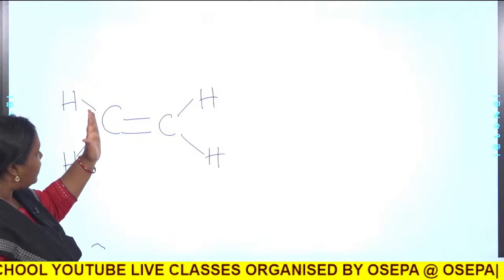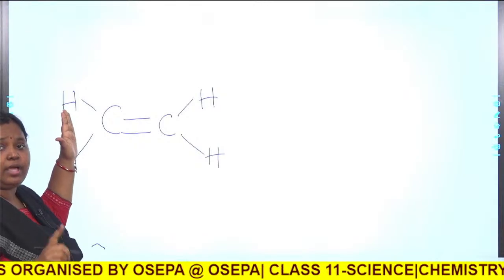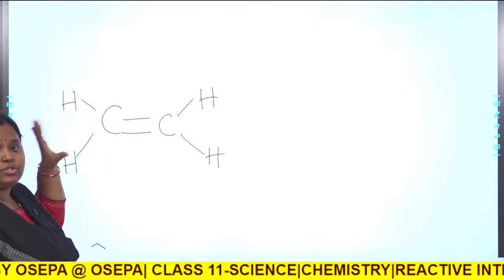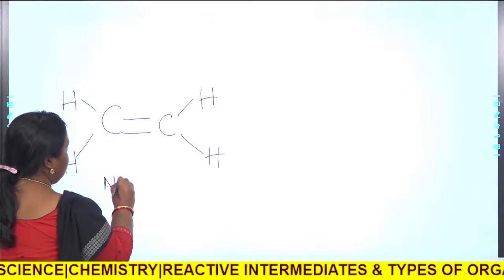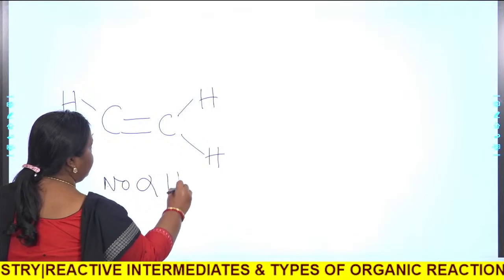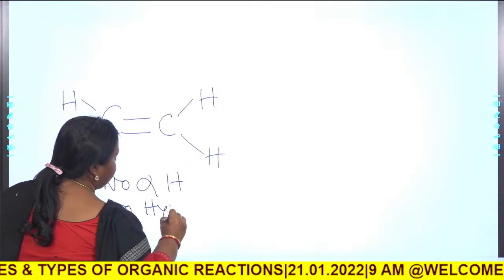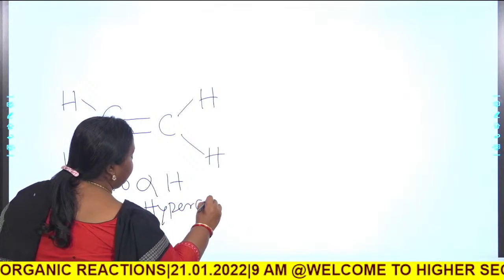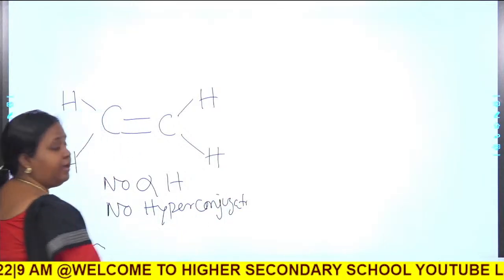By definition, the carbon attached to the carbon carbon double bond is called alpha carbon, and here there is no alpha carbon itself. Hence, there is no alpha hydrogen, hence no hyperconjugation.